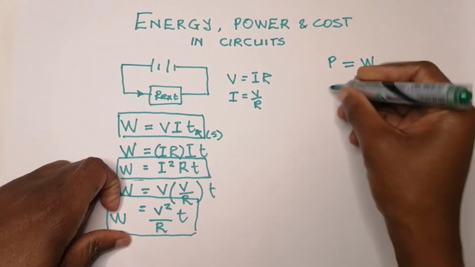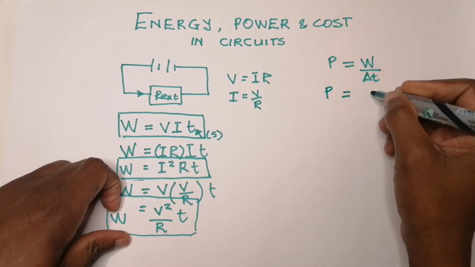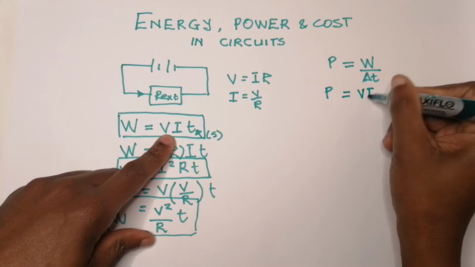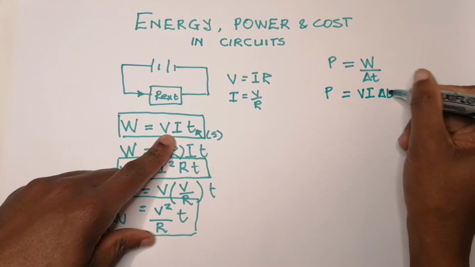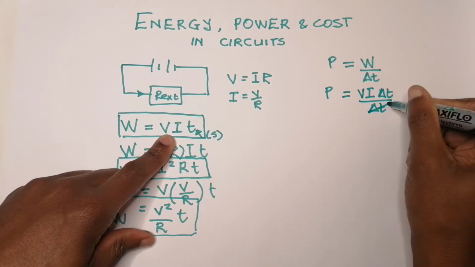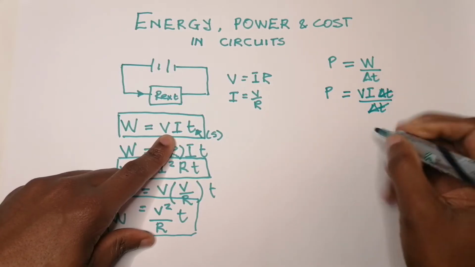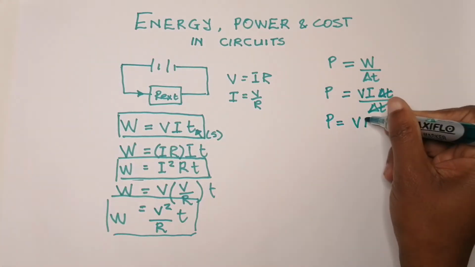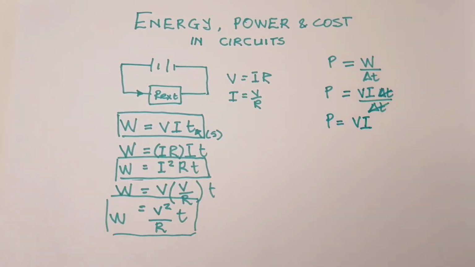Now notice what that does. If you remember that energy is VI, I'll use that delta T designation there, divided by delta T. Look at what this does. You can cancel those two, so power in effect now becomes V multiplied by I, right?